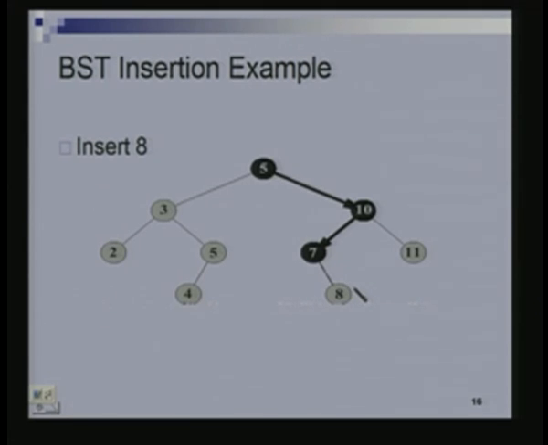So I put 8 right here, which means that 8 becomes a right child of 7. So basically the point where the search fails, we insert there. Whichever point the search fails, because we hit a null reference, we put the node there. That is all insertion is. Everyone with me?